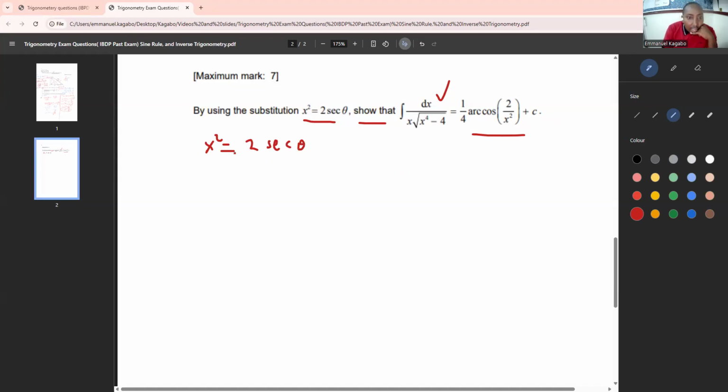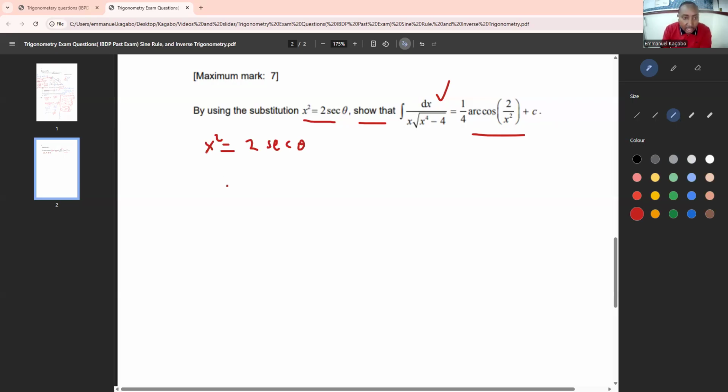I hope you fully understand implicit differentiation and the differentiation of trigonometric ratios. If you are not familiar with that, please first check your formula booklet and review implicit differentiation.